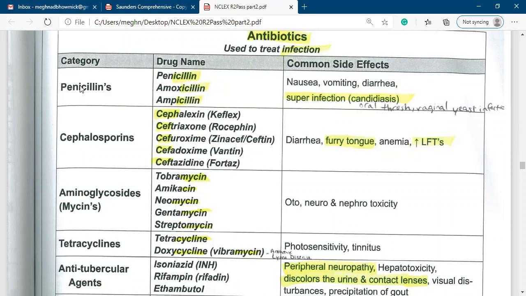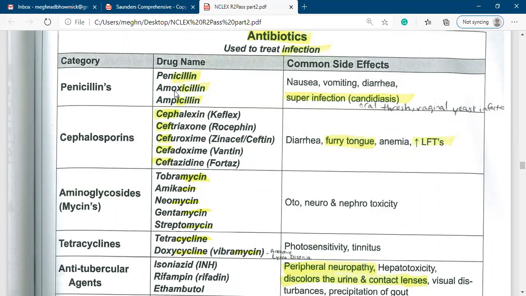The drug names include penicillin, amoxicillin, or ampicillin. As I told you, penicillin is a narrow spectrum, but amoxicillin is a broad spectrum.